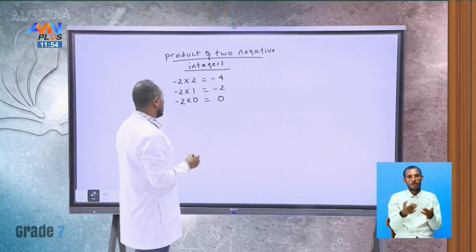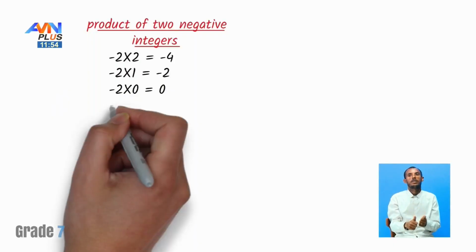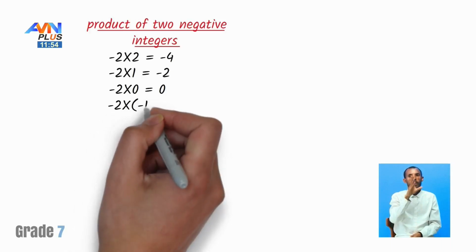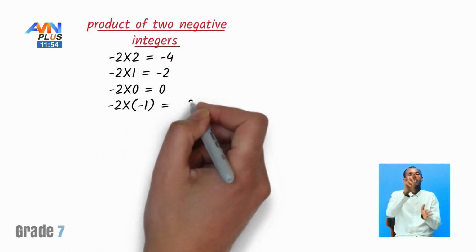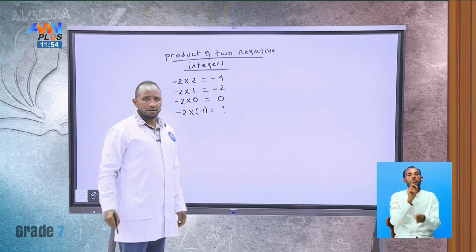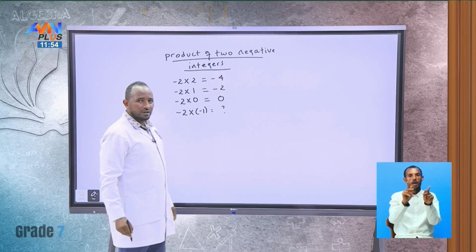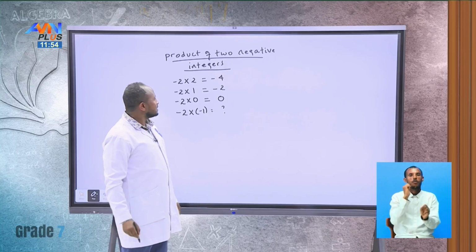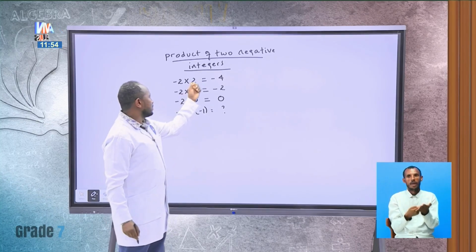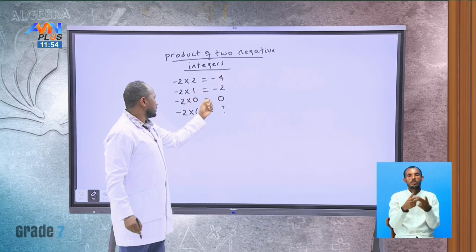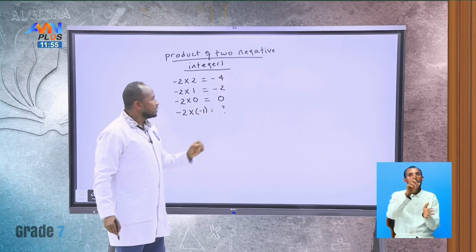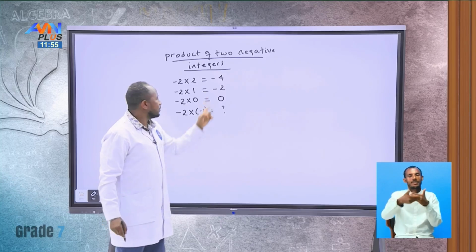Now let's proceed. Let's try to find the product of negative 2 and negative 1. What will be the product of these two integers? Okay, now let's see the pattern here. Look, when you multiply by 2, by 1, by 0, you have these results: minus 4, minus 2, 0. What will be the next number following the pattern?